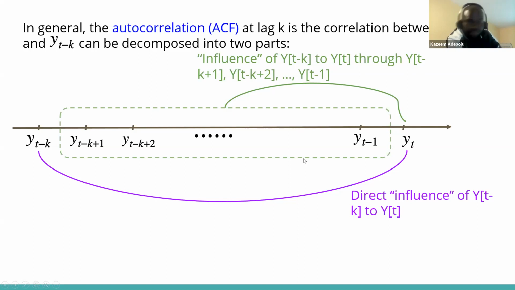If this is a revenue that I realize in January 2019, and this is the revenue that I realize in December 2019, then if I want to measure the direct influence of this on this, what I recorded in February 2019, March 2019, all the way to November 2019, I can only measure the direct relationship of this one with the influence of that.